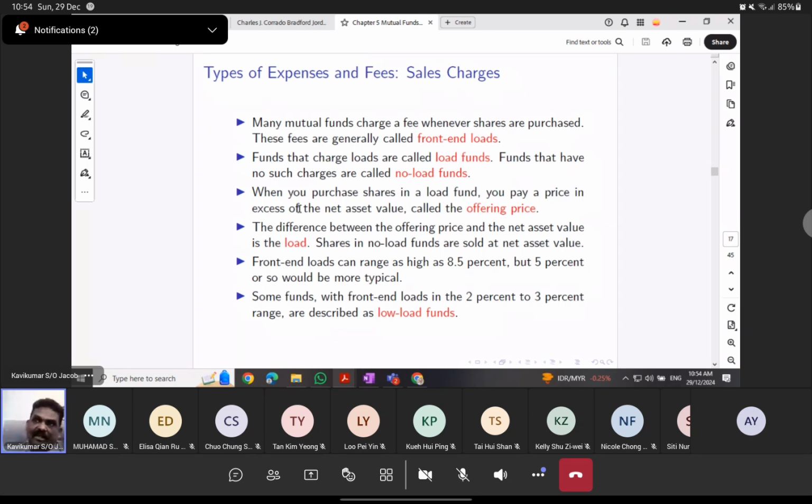The net asset value of the mutual fund is lower, but you pay more than that, a premium price. That is called the offering price. The difference between the offering price and net asset value is the load. Shares in no-load funds are sold at net asset value.